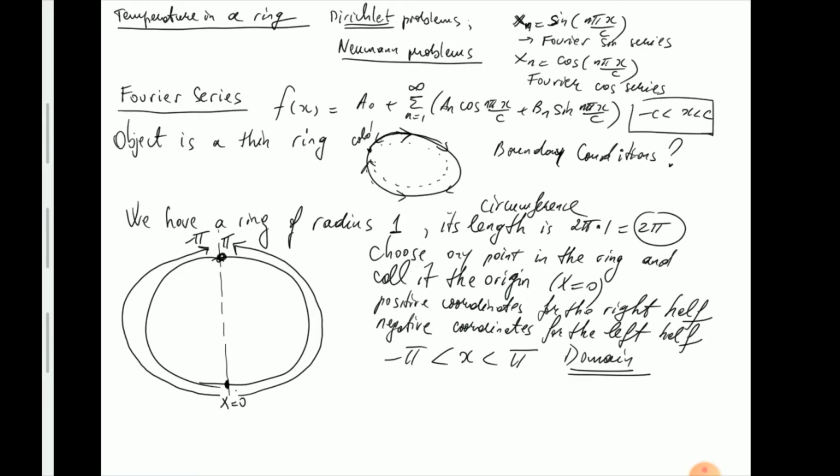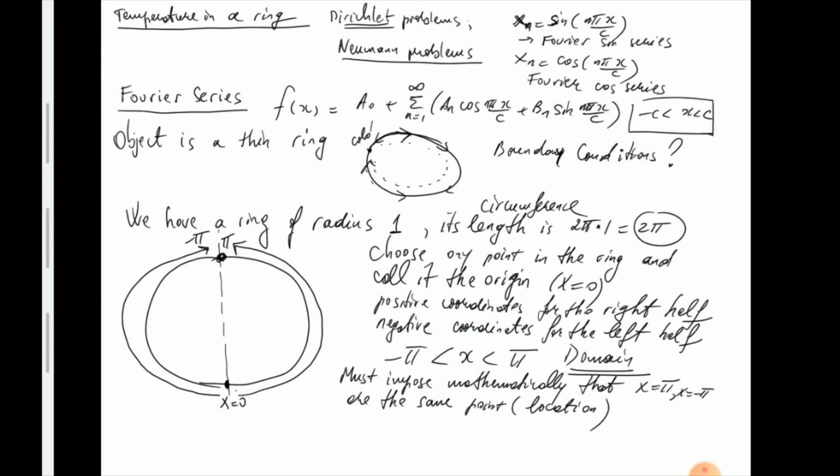Well, the boundary conditions now come from the fact that you must impose mathematically that in fact x equals pi and x equals minus pi are the same point, or the same location on the ring.